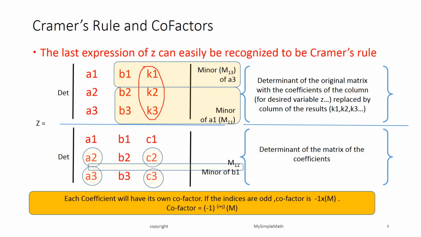Now here you can see that the minor for A3, that is M13, is B1 K2 minus K1 B2. And let me draw it.